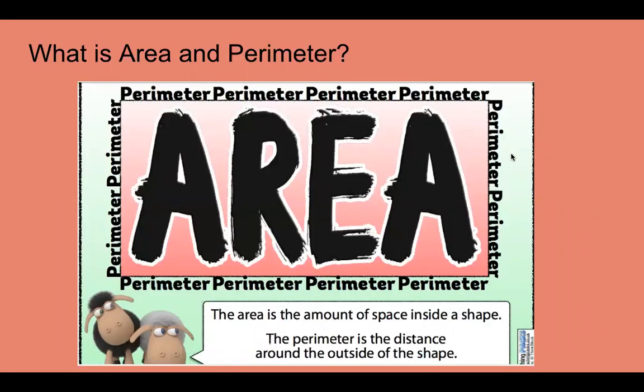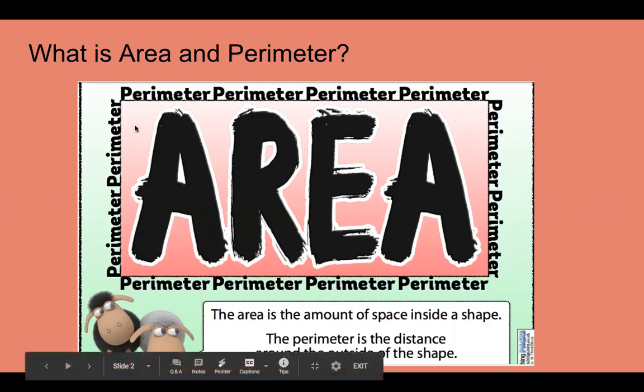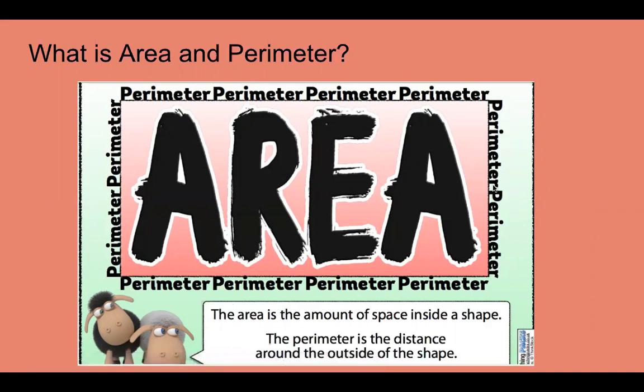The perimeter is kind of like the opposite. It's only the outside distance around the shape. So if we were to count, let's say in feet, if this was, I don't know, let's say this is like a garden. If I want to put fencing around the garden, I would need to know the perimeter, how long the entire garden is on all sides.